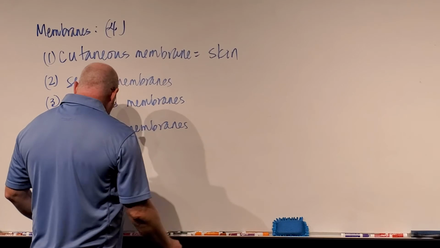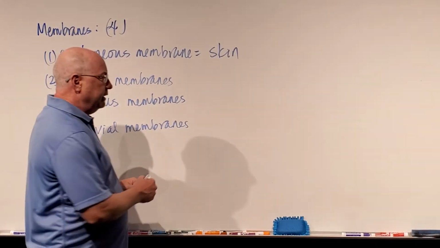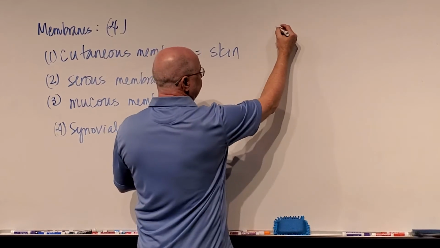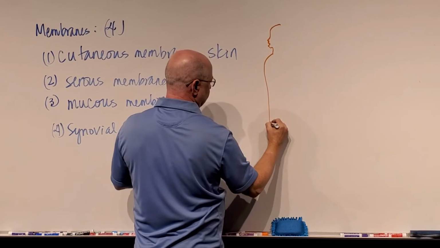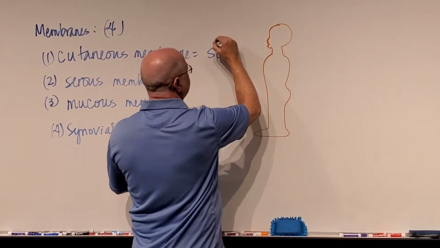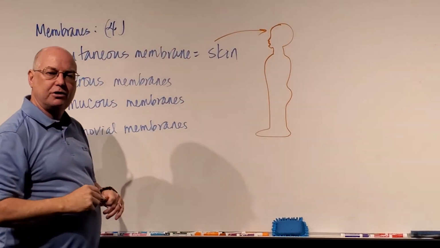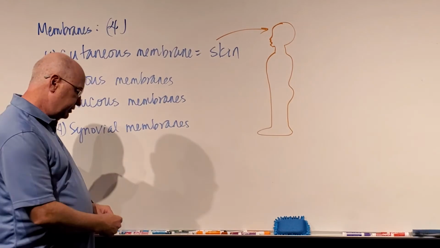It covers the external surfaces of the body. So I like to do a picture like this, okay? If I drew a little person here, that's the cutaneous membrane, covering all of the external surfaces of the body, our skin, the epidermis and dermis.